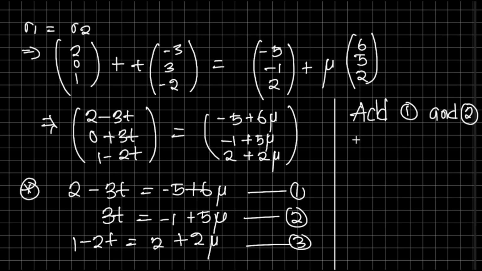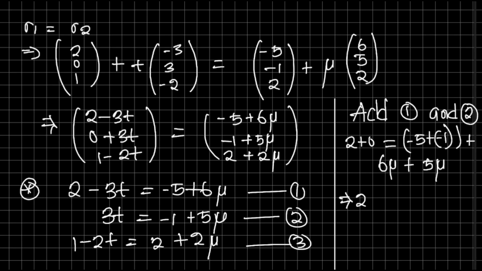Equation 1 plus 2: we have 2 plus 0 equal to, -3t plus 3t goes, -5 plus -1, that is -6, plus 6mu plus 5mu, which is 11mu. So 2 equals -6 plus 11mu.